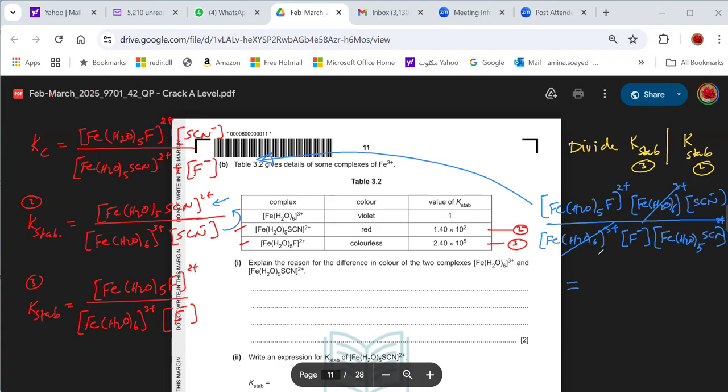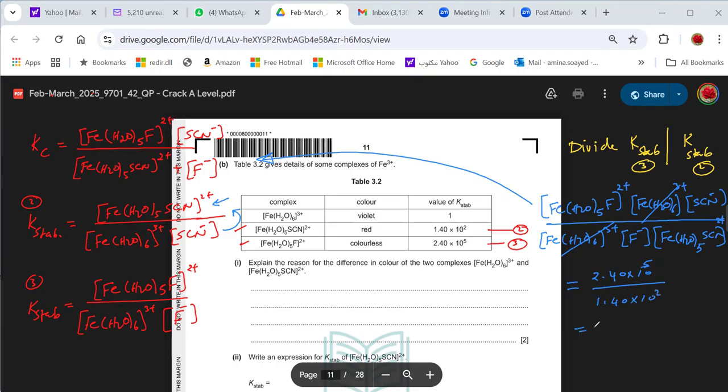And this means that we are going to divide K stability 3, which is 2.4 times 10 to the power 5, over the K stability 2, which is 1.4 times 10 to the power 2.